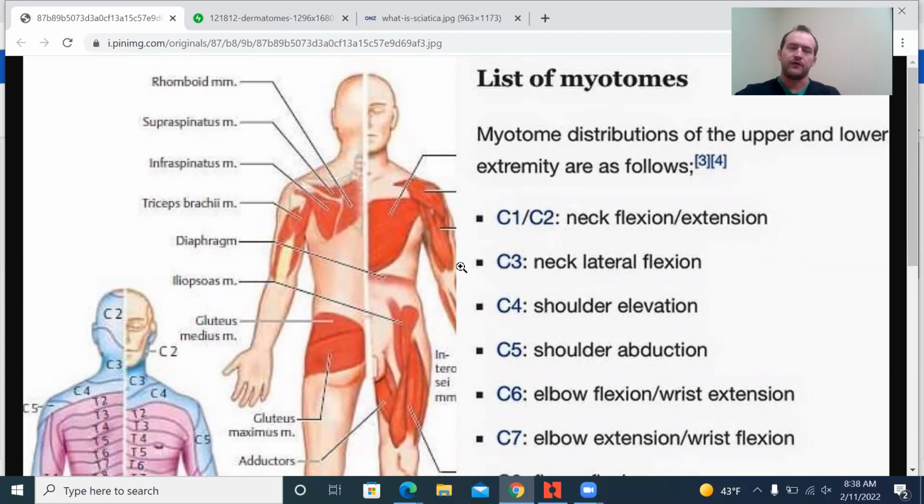Like when we talked about the top cervical, the top neck region, it supplies some of the muscles of the neck, which are involved in extending and flexing the neck. And lower down, the third cervical vertebra is involved in bending the neck to the side. And then the fourth one, a little bit farther down, is important for shoulder elevation.